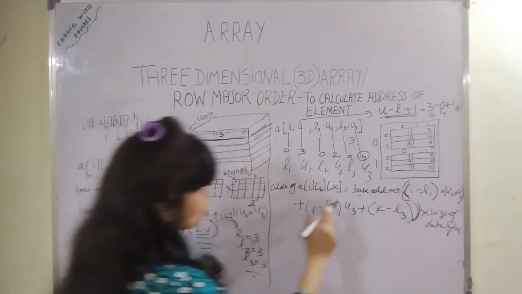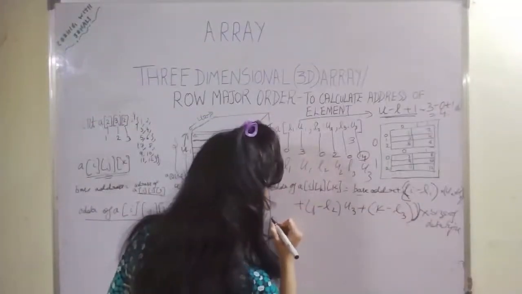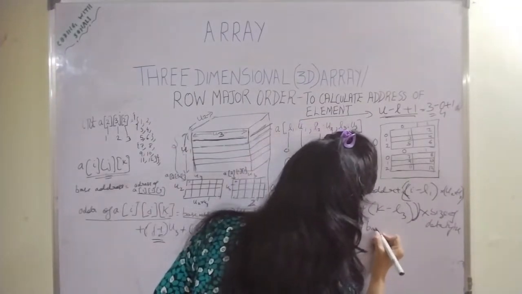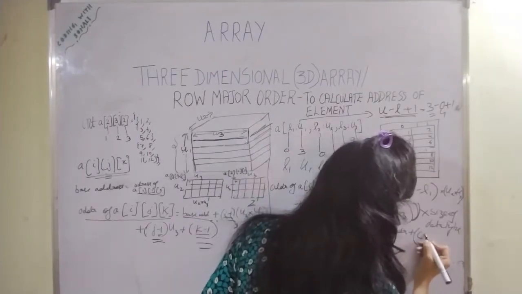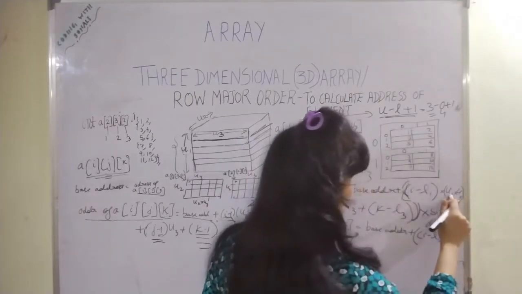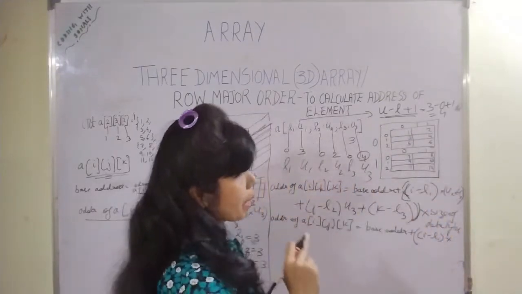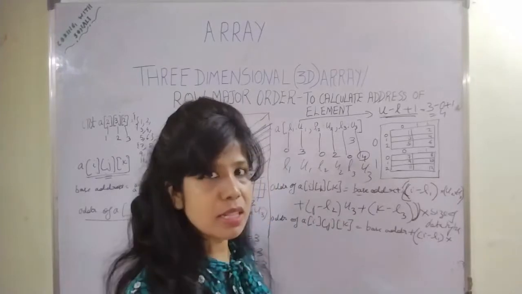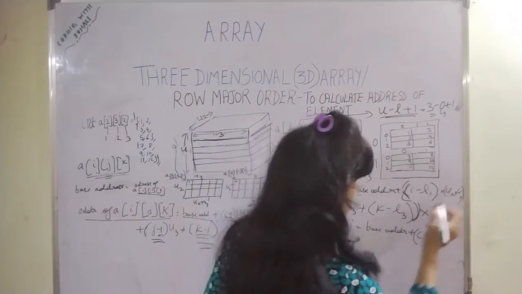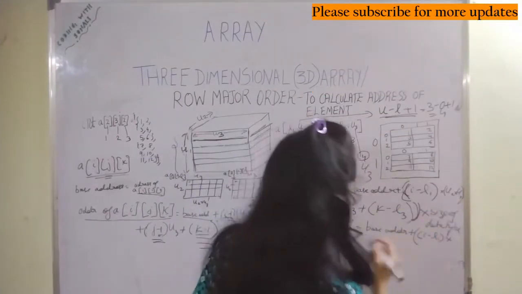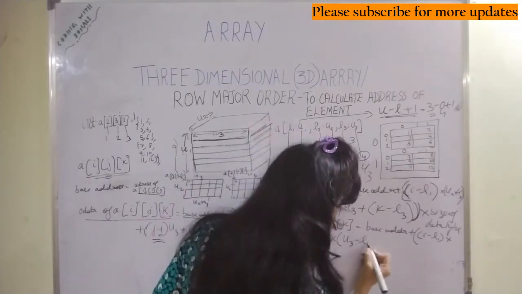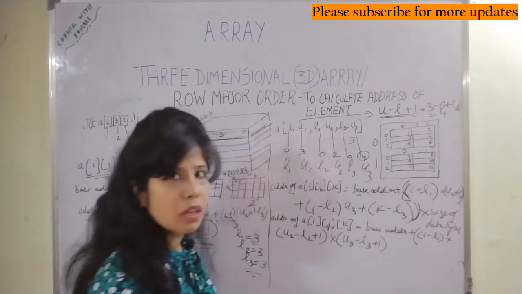So when I modify this formula, it will be address of K equals base address plus, in the whole, I minus L1 into U2. Now I will replace U2 by the number of elements, that is U2 minus L2 plus 1, and multiply by U3, which is again U3 minus L3 plus 1.